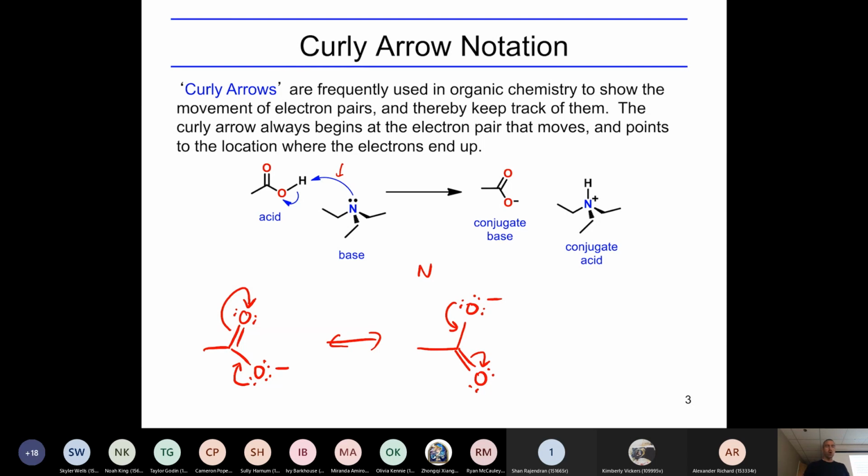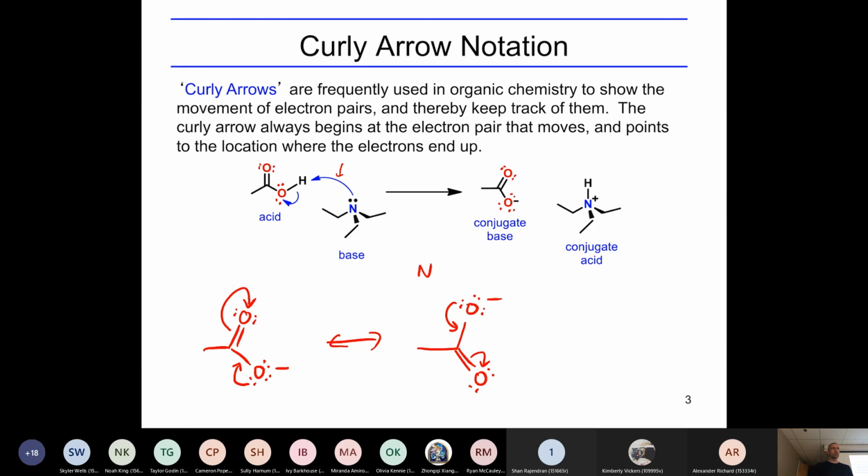At the same time, that OH bond must break. The electrons in that OH bond move on to the oxygen. The oxygen at the beginning had 2 lone pairs. At the end, it has 3. To draw the lone pairs in.